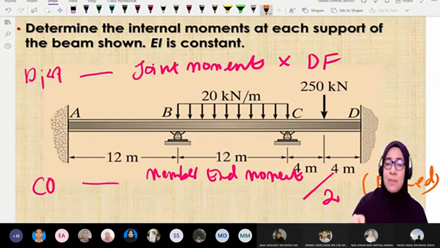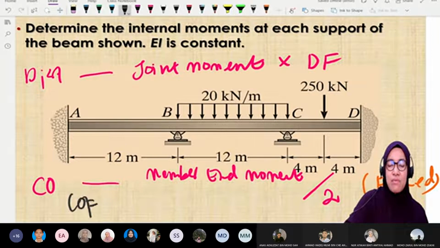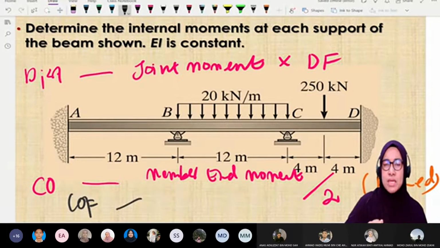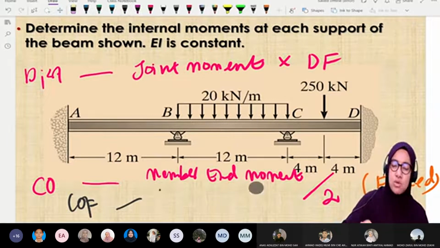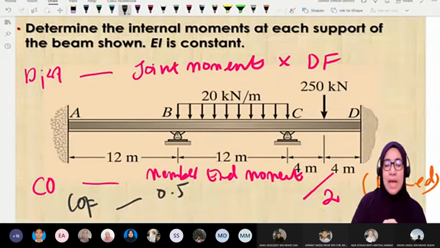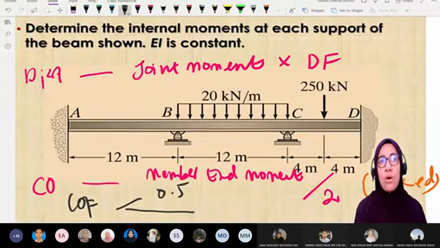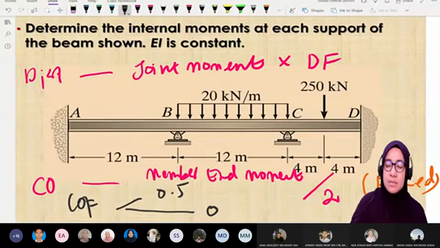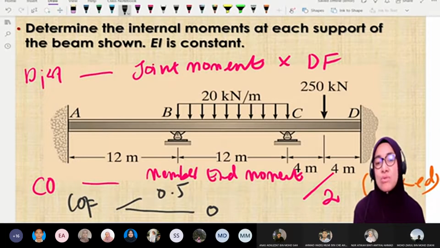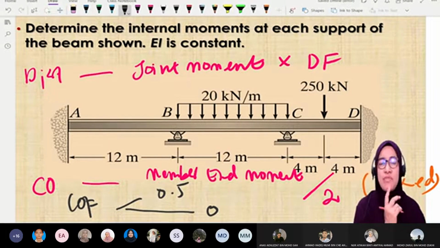Okay, dia divide by 2 ni come from what we call as carry over factor, where carry over factor for far end fixed is equal to 0.5, and carry over factor for far end pin or roller is equal to 0. Okay, carry over factor ni ada two types.